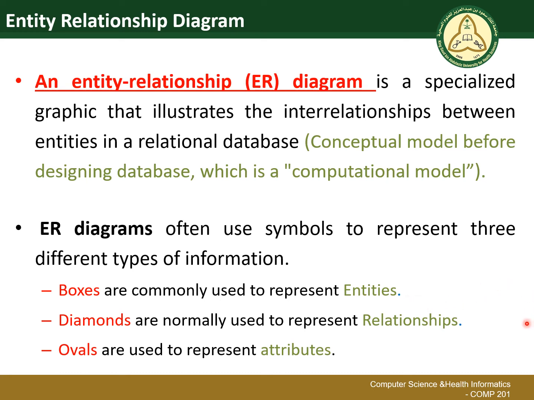The diamonds are normally used to represent relationships, which are the lines between the tables that link between the tables. And the ovals are used to represent attributes. The ovals are the fields in the table.